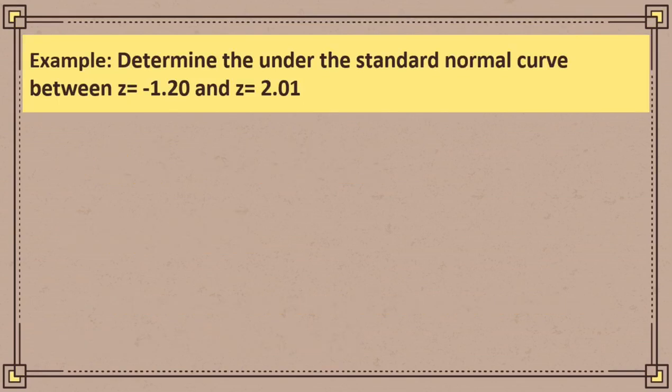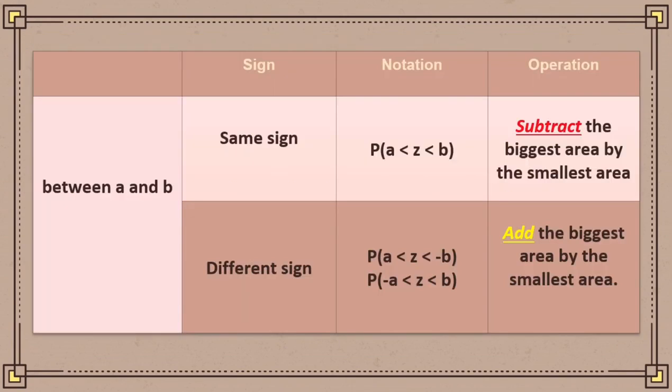Okay, another example. What if we have here: determine the area under the standard normal curve between z equals negative 1.20 and z equals 2.01. We have another case and conditions to follow.